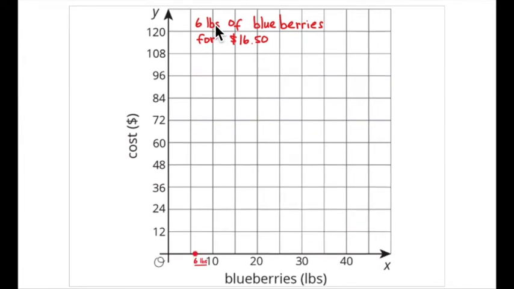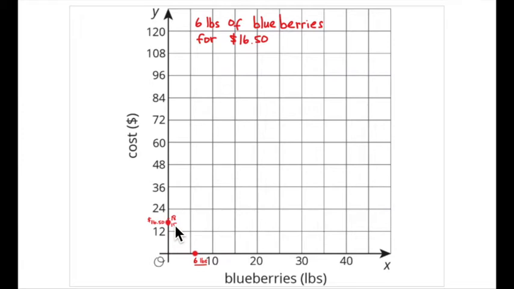So let's just work with it. 6 pounds is a little bit more than 5 pounds, so just call it 6 pounds right there. Now I have to find $16.50. Well, $18 is halfway between 12 and 24. So I just placed the 18, and then I went a little bit below that, placed the 15, and 16.5 is in the middle. You can't be exact.